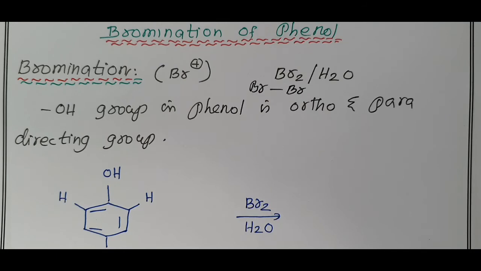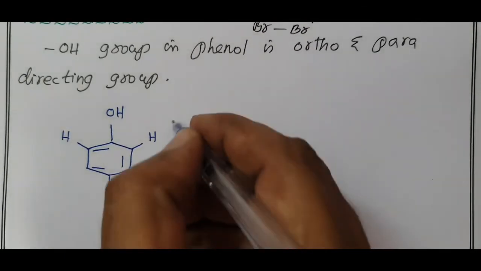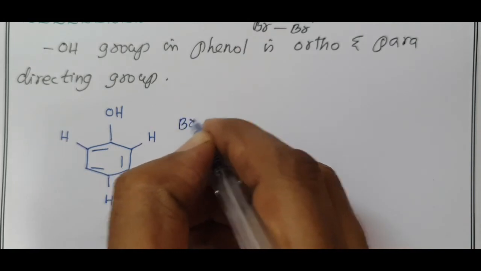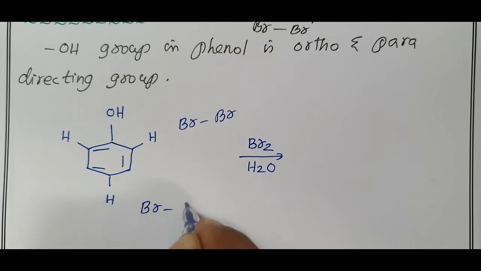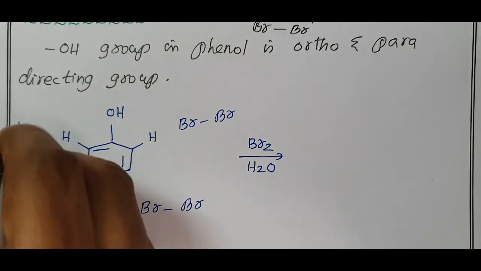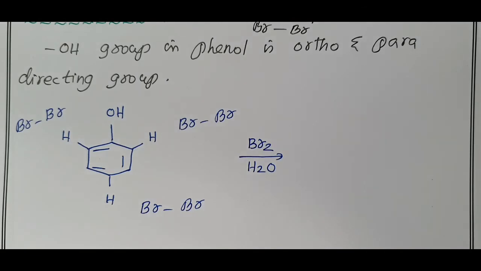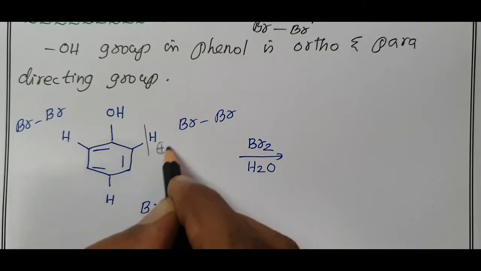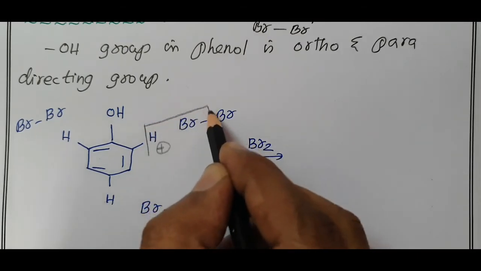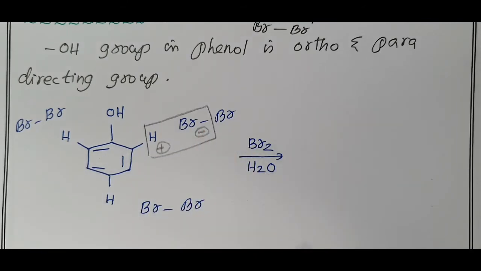Now write the Br2 molecule near the ortho and para hydrogens. Here you have one Br2, and Br2 for the para hydrogen, and one more Br2 for the other ortho hydrogen. One H plus from the benzene ring is substituted, and Br minus from Br2 is removed as HBr.